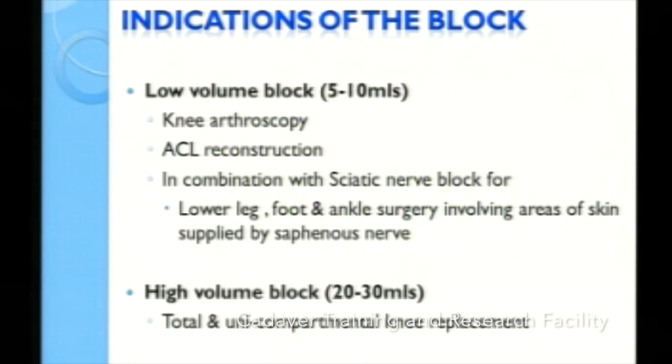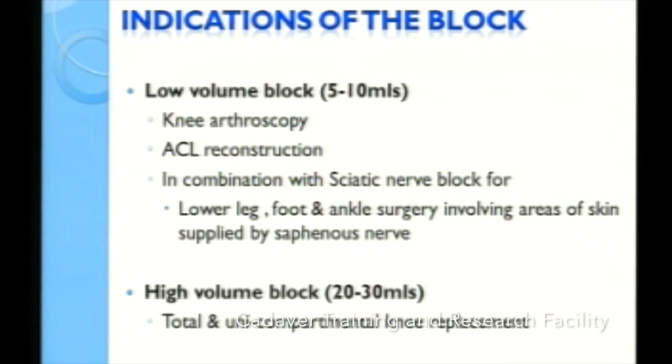What are the indications of these blocks? It depends on the volume you use. You use less volume for procedures like knee arthroscopy, ACL reconstruction, or in combination with a sciatic nerve block for lower leg, foot or ankle surgery.